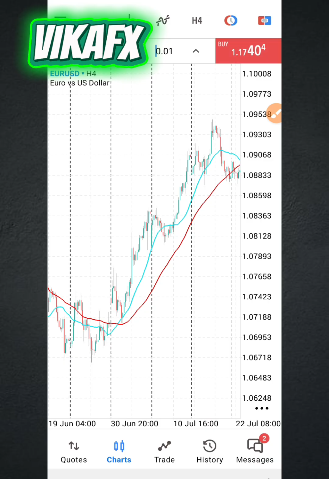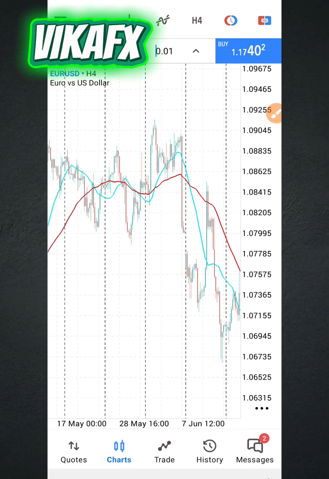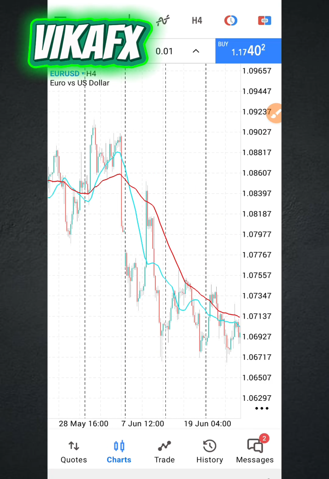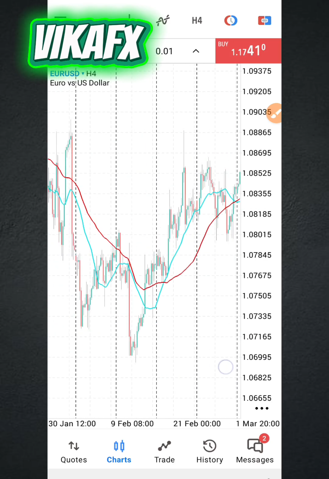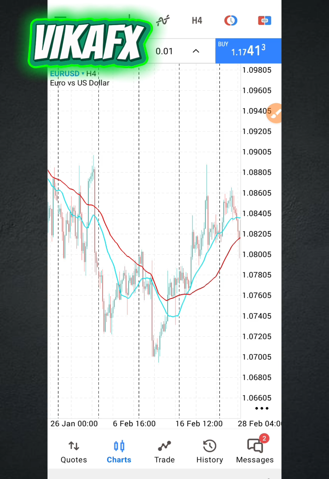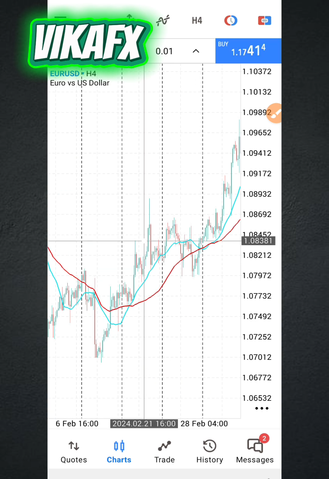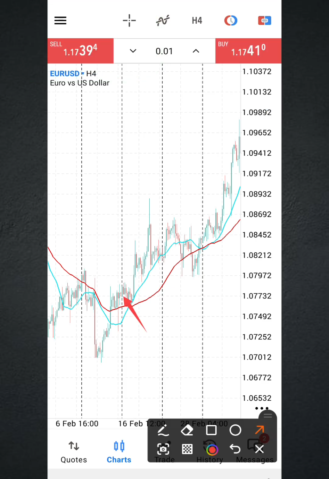You can see that the 50 is below, the blue one is above it. For you to have a downtrend, the blue must be under, the red must be above it. So these are things that you need to take note of. You understand? Okay. Here we have a crossover at this point here. There is a crossover here, and you can see that crossover here.